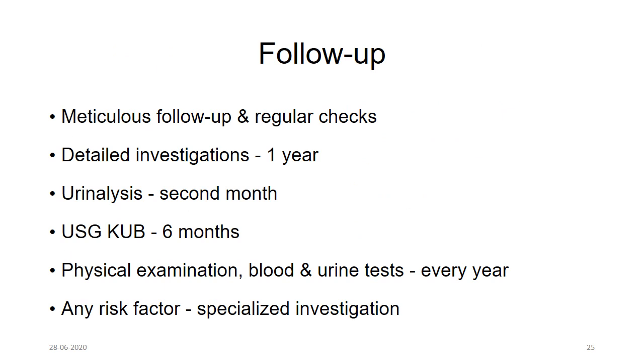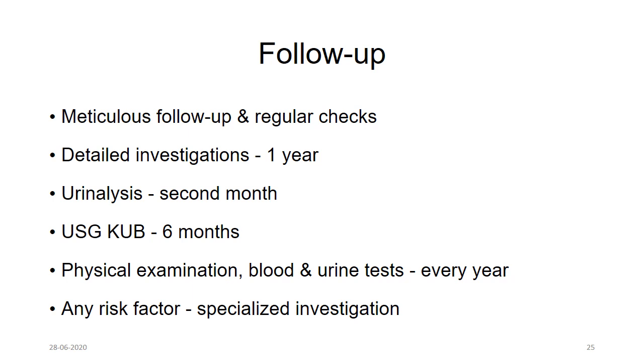Now, we should have a meticulous follow-up. This is essential to assess this unstable condition in neurogenic bladder, because of recurrent UTI and other things. Detailed investigations should be repeated once in every year. Urine analysis should be done every 2 months.